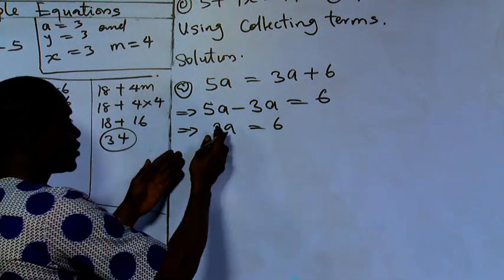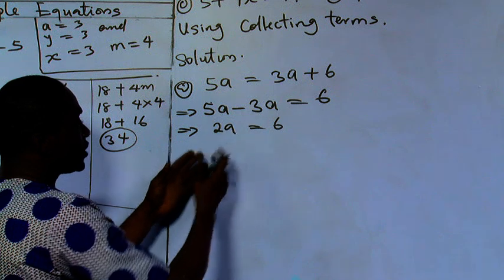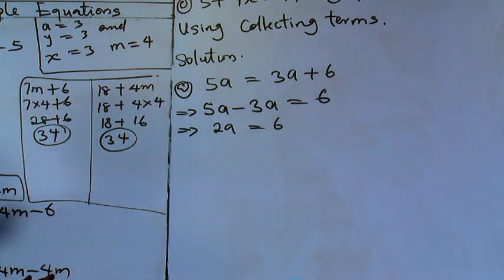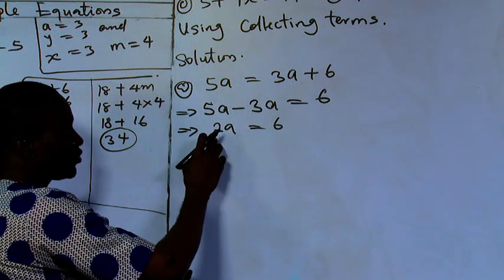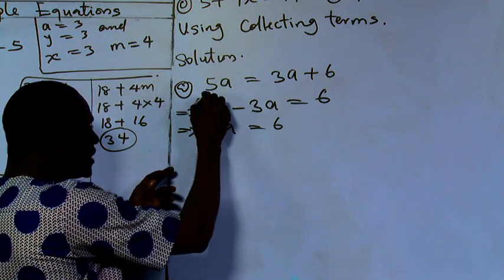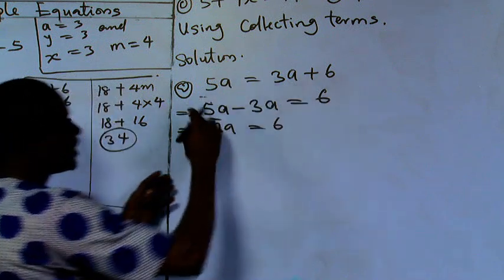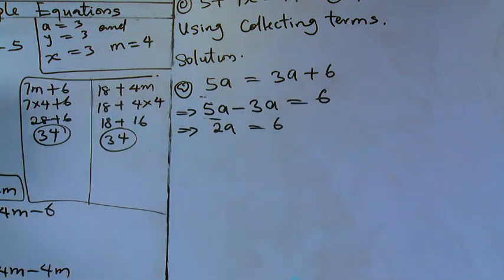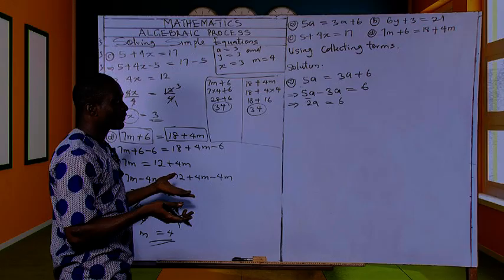To remove this 2, we're going to divide both sides. What we did here is collection of like terms. Let me explain.